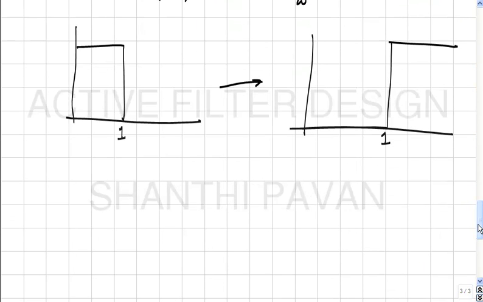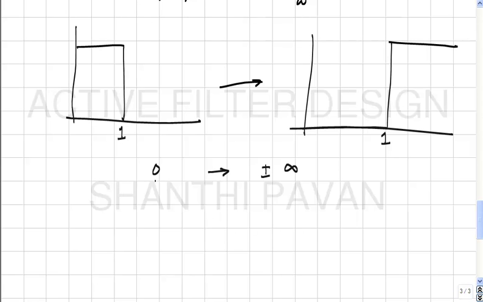Anyway, since there's very little time today, I will just give you the intuition behind these other transformations. Here in the high pass, if you want this to transform to this, what all happens? The action that's happening at DC must happen at plus minus infinity.